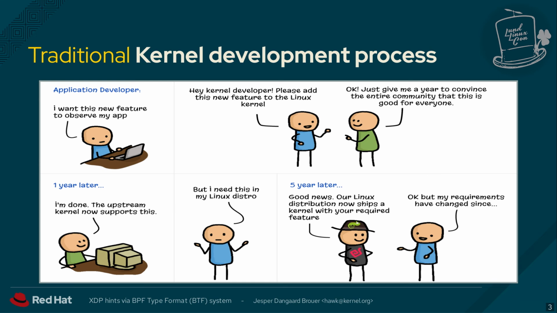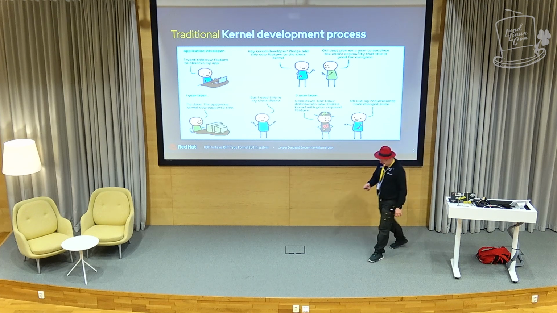Upstreaming in the kernel support. This is great. I'm going back to the people who requested it, but I needed my distro. And then 5 years later, we have adoption in the distro. And then 5 years later, the application developers say, well, my requirements have actually changed. So that's a pretty sad story, right?